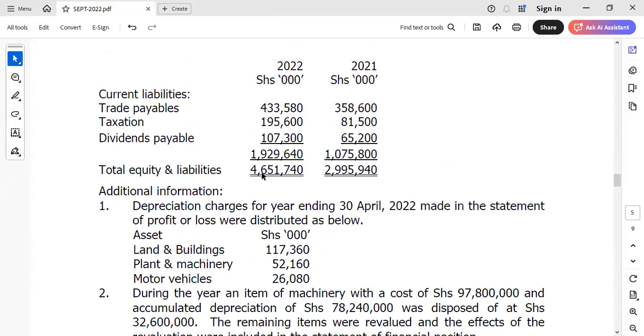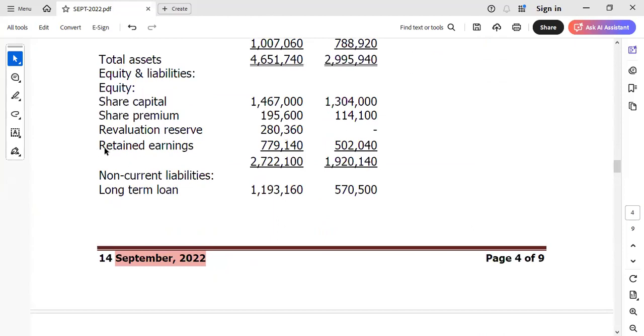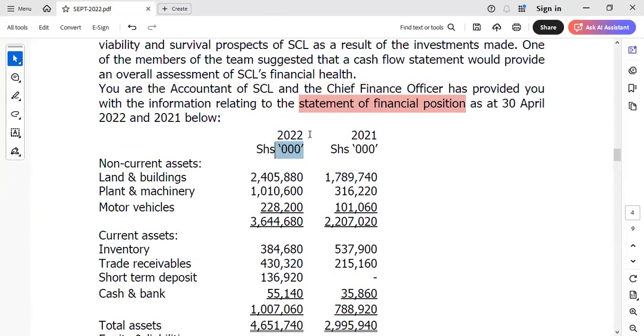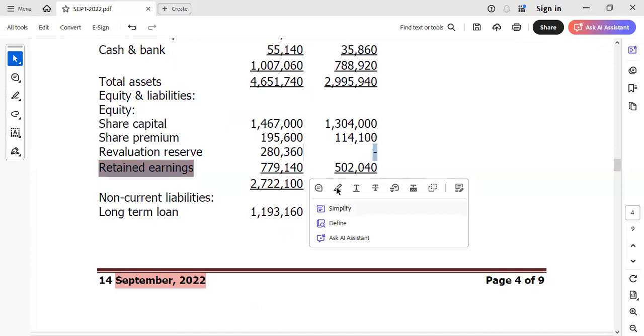But in a balance sheet, what you have is retained earning. In the balance sheet, you have the retained earning for the year 2022. You're preparing cash flows for the year ended the 30th April 2022, and you have the retained earning. So this retained earning comes from obviously your income statement.